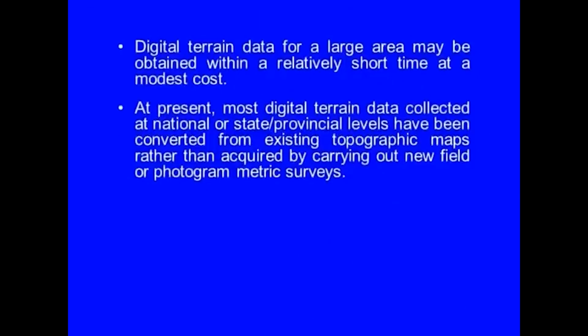Digital terrain data for a large area may be obtained within a relatively short time and at modest cost. At present, most digital terrain data collected at national or state or provincial levels have been converted from existing topographic maps rather than acquired by carrying out new field or photogrammetric surveys.